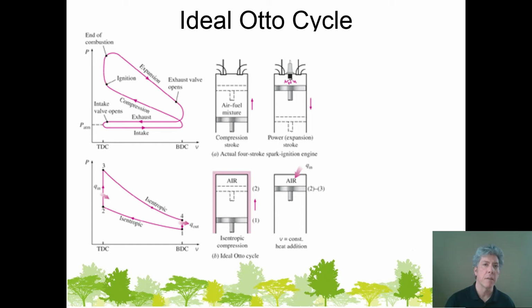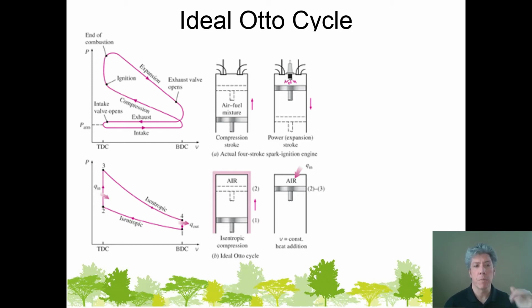If you know anything about the kinematics of an engine, you know that the piston is moving at its highest velocity near the center of the stroke. And so it's actually moving fairly slowly at top dead center and bottom dead center. And so the approximation that the piston essentially remains still that we're going to use for our idealized system, our idealized cycle on the second row, is not a bad approximation.